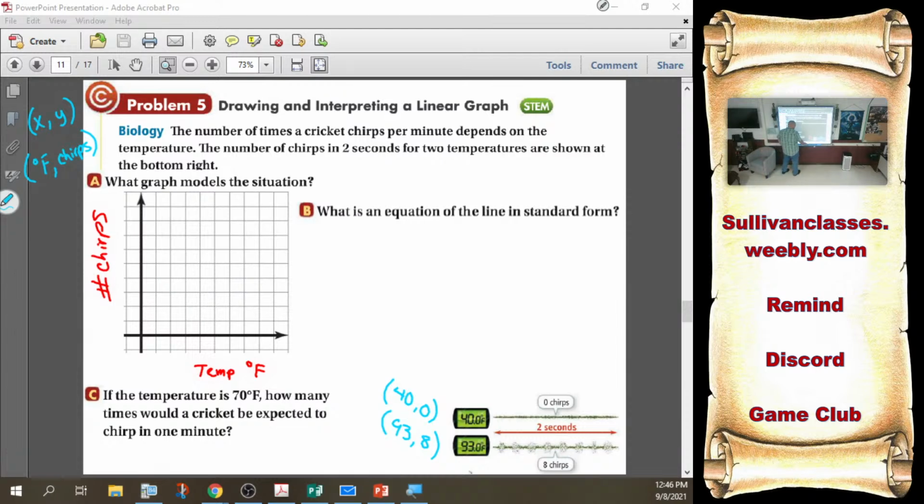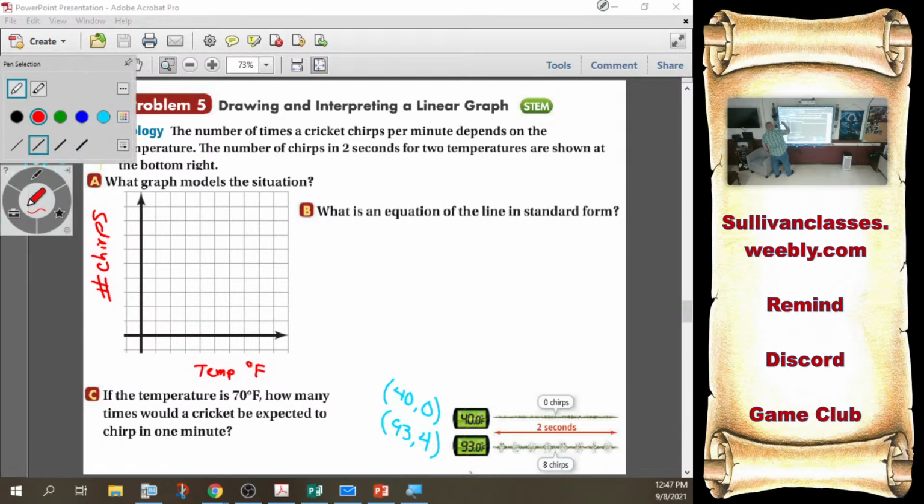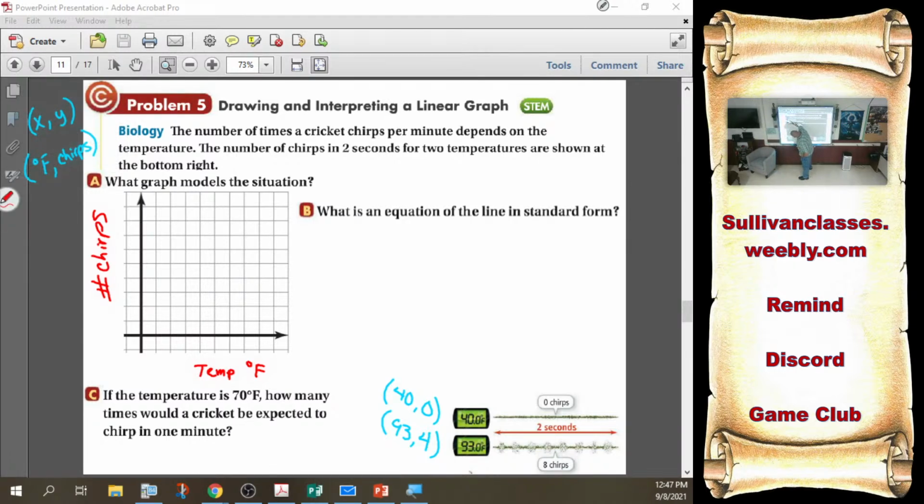So let's cut those down. And let's call that 40, and 0 divided by 2 is still 0. And 8 divided by 2 is 4 chirps per second. We better write that over here, that we've altered our graph. This is chirps per second.